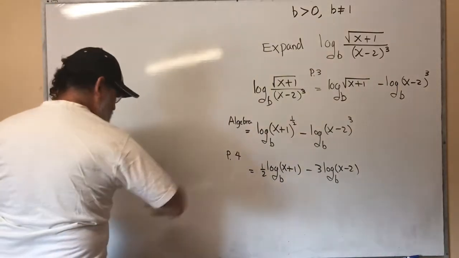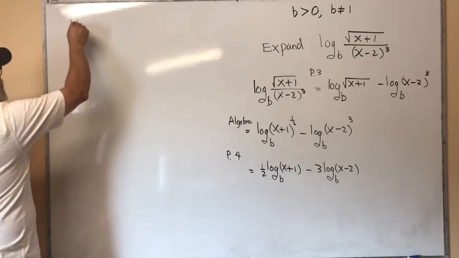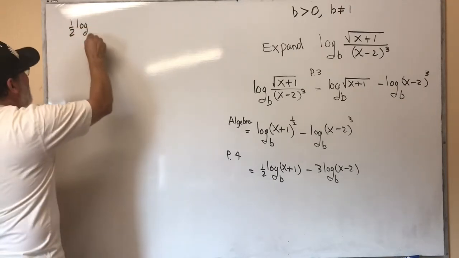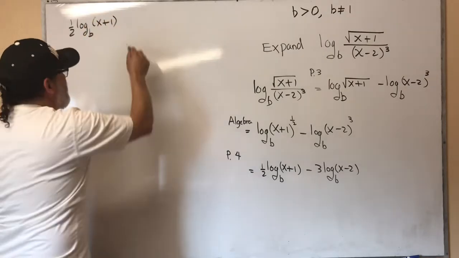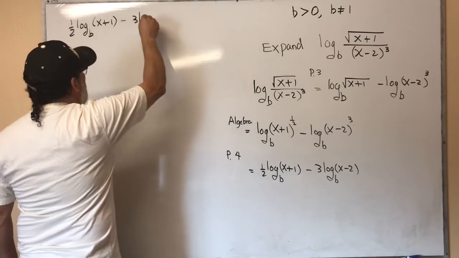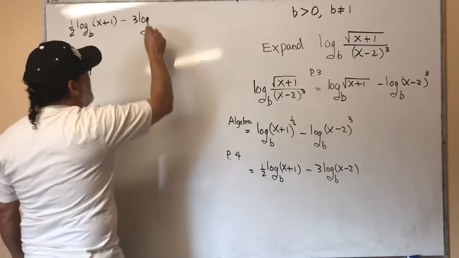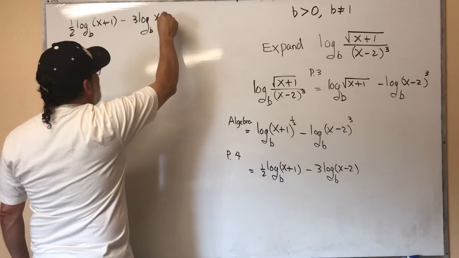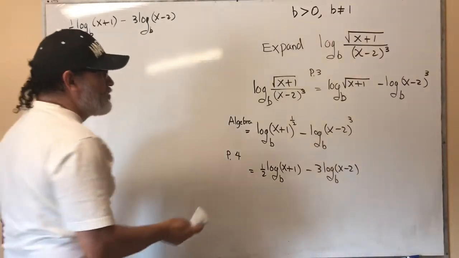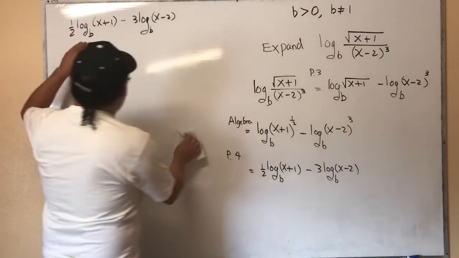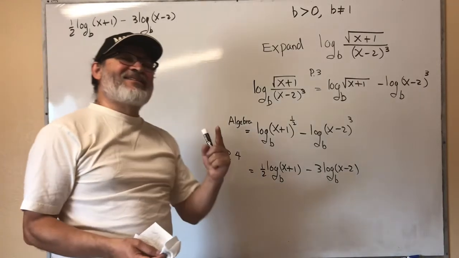You see this one? Half log base b of x plus 1 minus 3 log base b of x minus 2. Okay, watch this. We're going to make this one into a single logarithm.